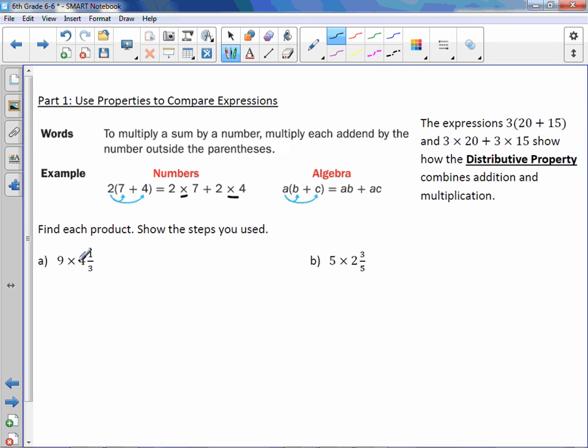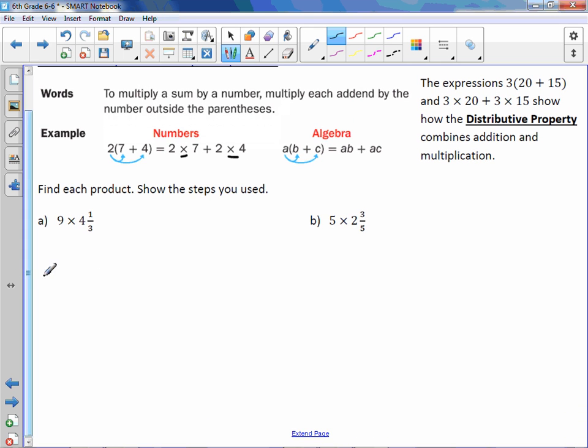Now, sometimes it's easier to use the distributive property instead of multiplying mixed numbers. For example, we have 9 times 4 1/3. I don't know what that is, and I can absolutely change this to an improper fraction and do the multiplication.